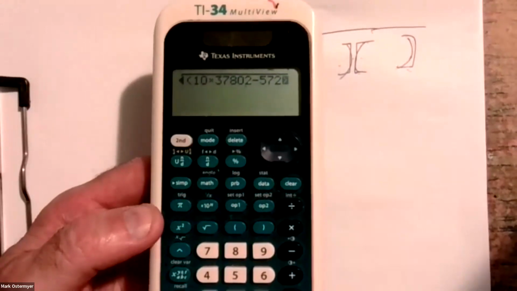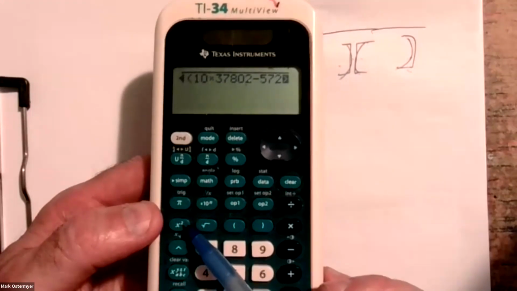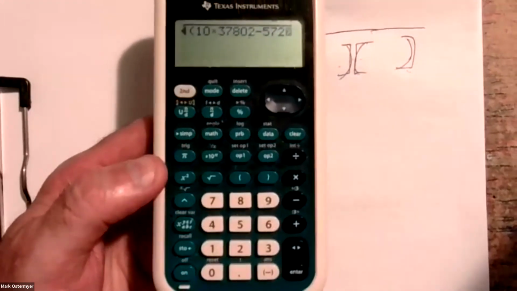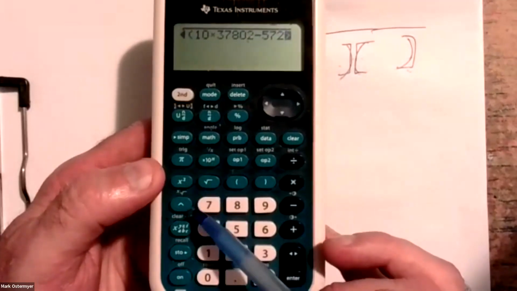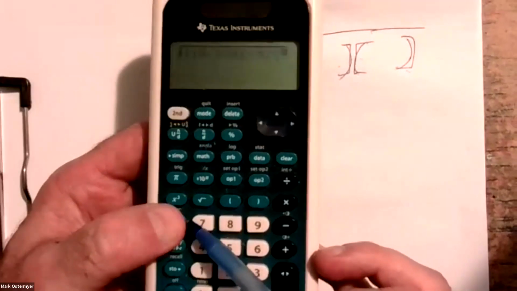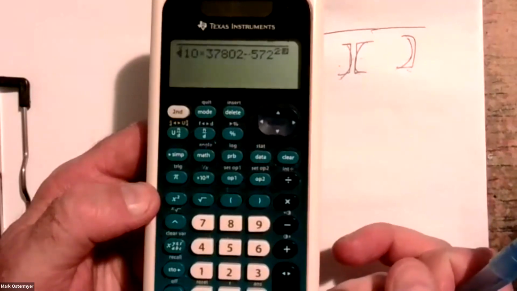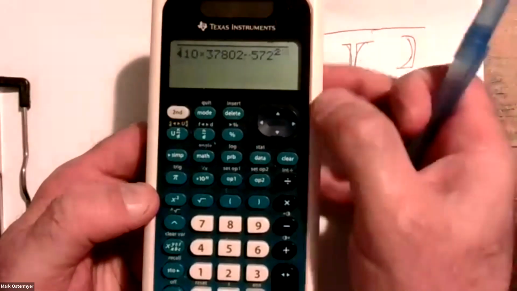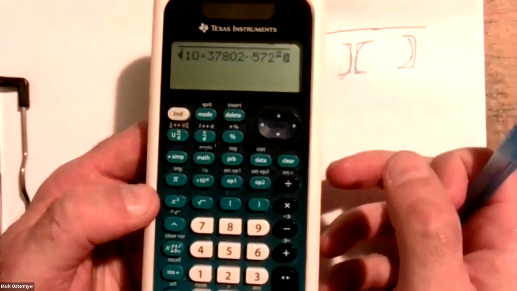There's two ways. You could just hit your x squared button right here. Or you can hit your general power button, which is right here. This is how you raise something to a general power. I'm going to hit my general power button, and notice my cursor becomes an exponent, and I'll type in 2. You've got to bring your cursor back down to level by hitting your right arrow key. And now I'm going to have a closed parenthesis.